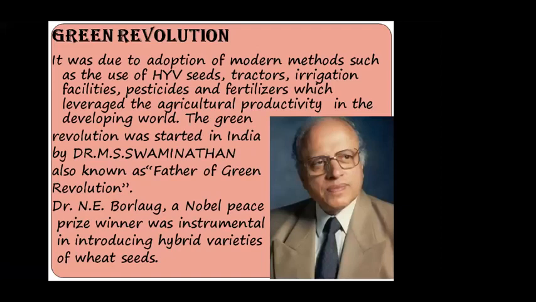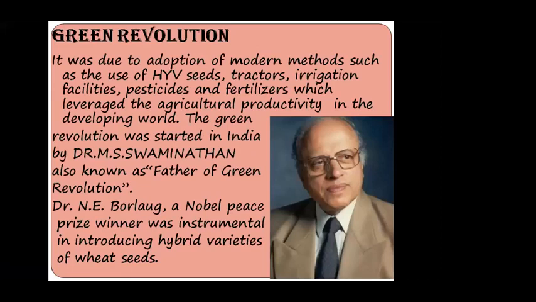Here we will study a turning point in the history of agriculture in India, that is, the Green Revolution. It was due to adoption of modern methods such as the use of high-yielding variety seeds, tractors, irrigation facilities, pesticides and fertilizers, which leveraged the agricultural productivity in the developing world.